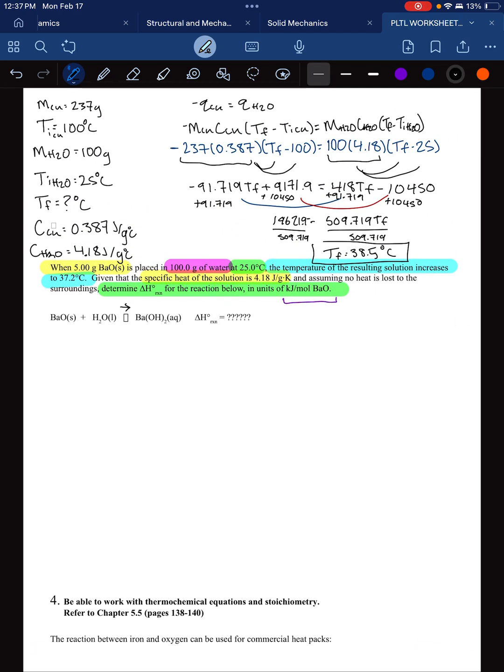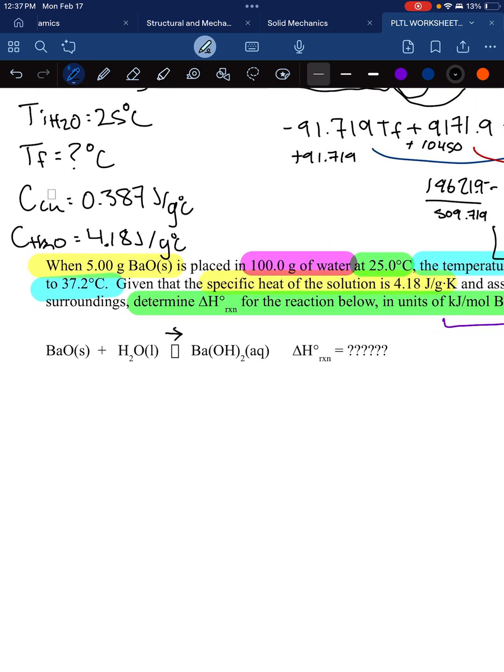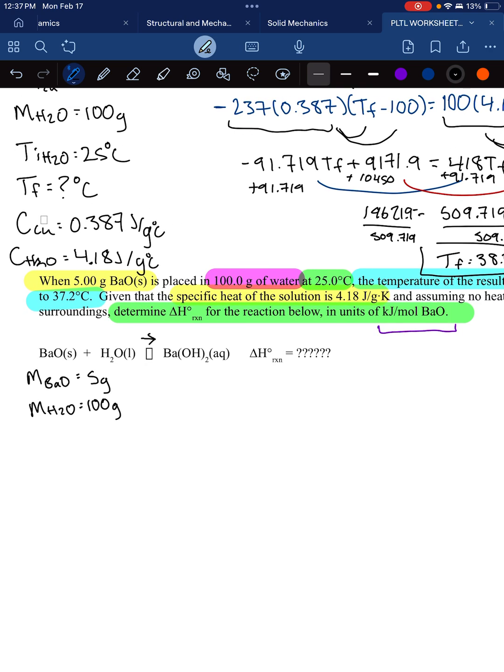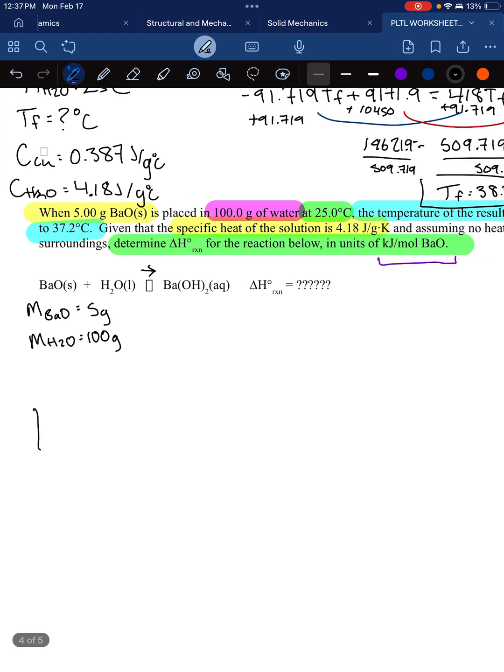So here's our equation, and let's write down some variables. The mass of barium oxide is 5 grams. The mass of the water is 100 grams. And we can think about it like this again, just to have an intuitive understanding.